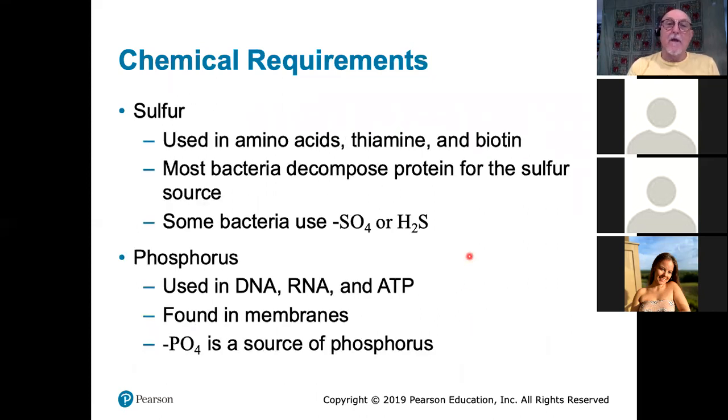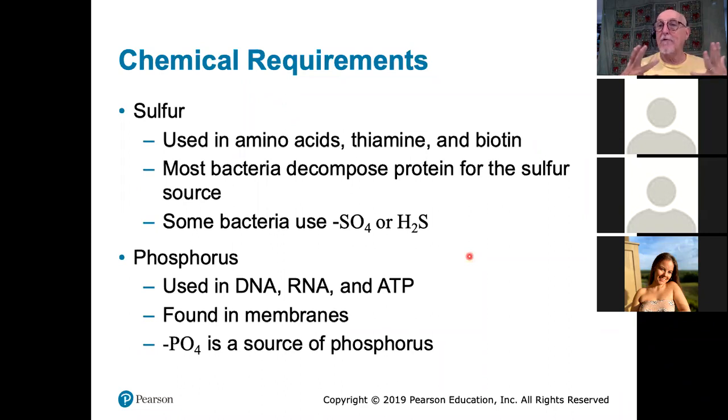A couple of others: we require sulfur, especially because it is a component of some of the amino acids. It's also a component of some vitamins and of hydrogen carriers, reducing power. So it actually participates in a number of different biomolecules and different metabolic processes.